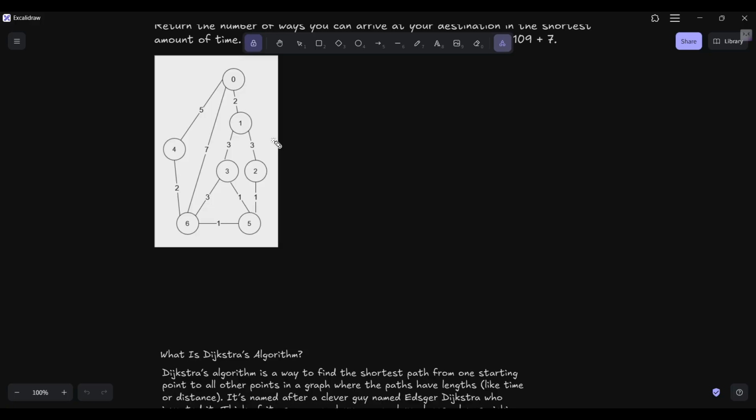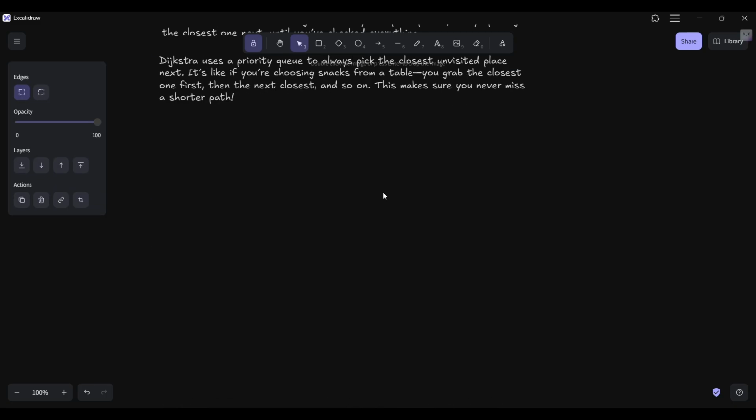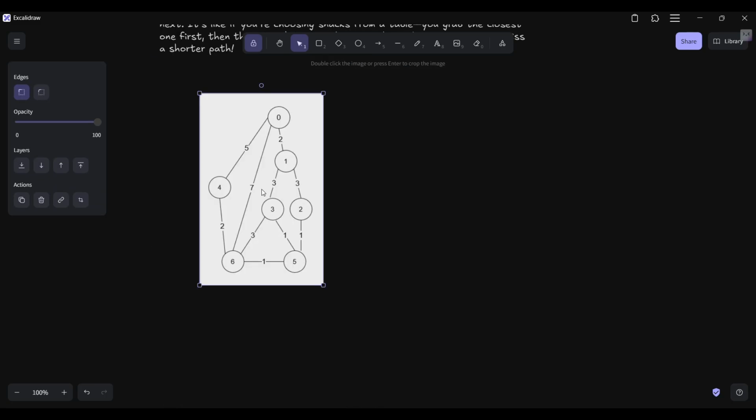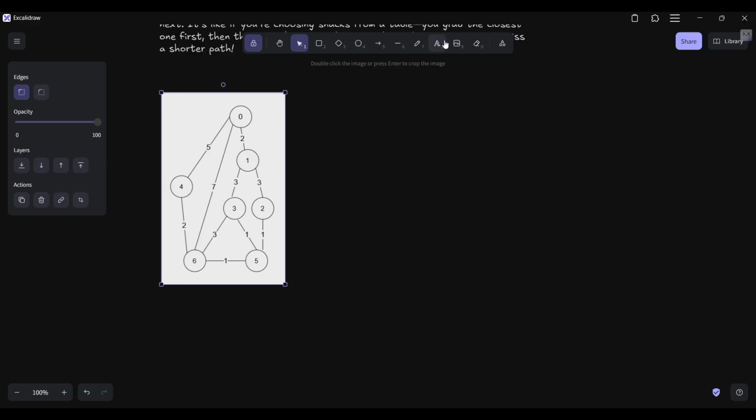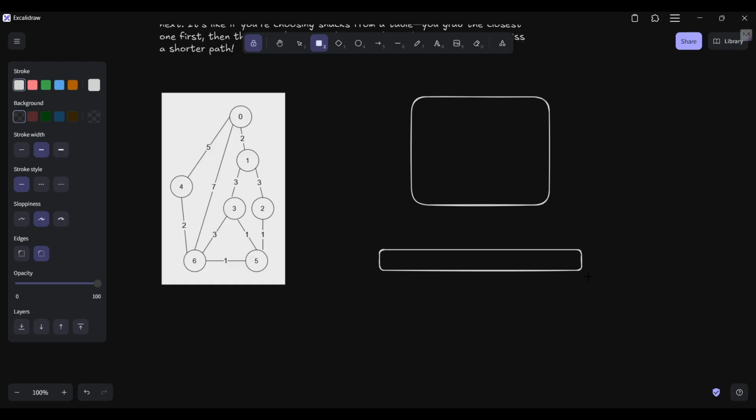So how we are going to do it is, let's take this. We are going to take a minimum heap that will store every time the shortest path for a node from 0. To calculate the minimum time, the algorithm is okay.